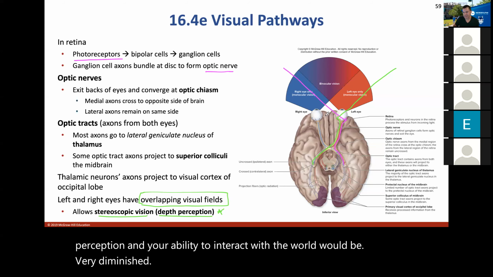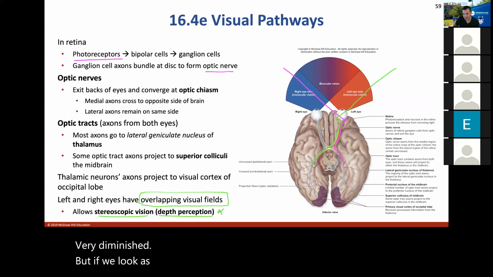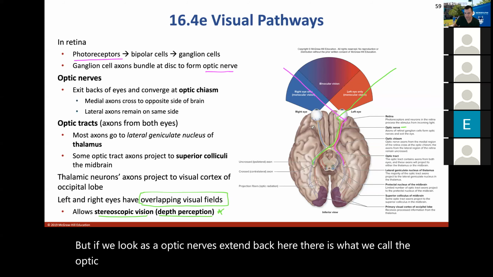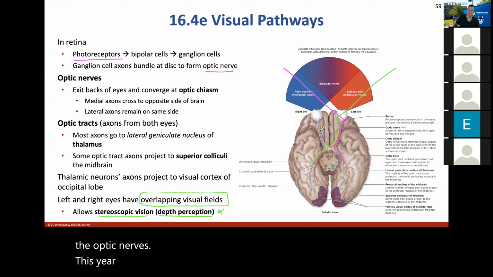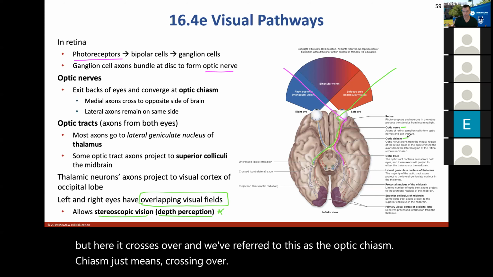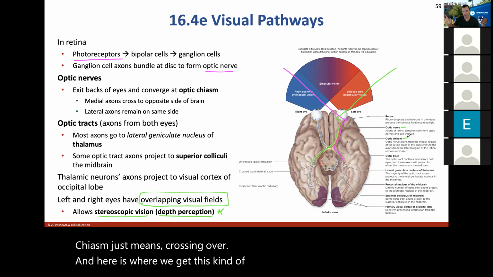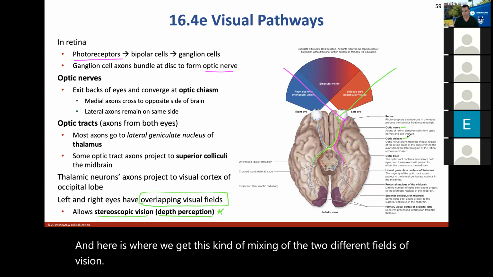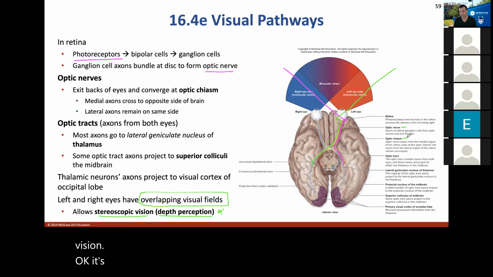But if we look as the optic nerves extend back, here there's what we call the optic nerves, okay? This here. But here it crosses over, and we've referred to this as the optic chiasm. Chiasm just means crossing over. And here is where we get this kind of mixing of the two different fields of vision. Okay. It's basically right in front of the pituitary gland, okay?